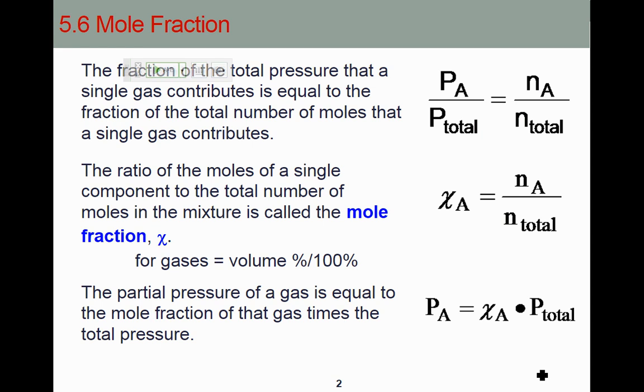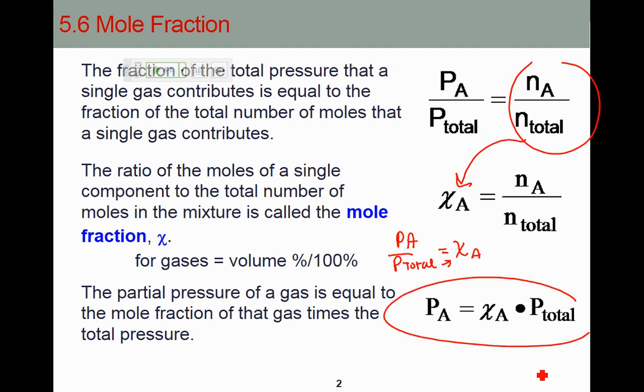So if our XA is NA over N total, if we replace this term here with XA, then we find that our pressure of A is equal to our mole fraction times P total. All that means is I took this PA over P total, this whole thing equals this. So PA over P total is equal to this XA. All I did was replace that NA over N total with XA, and then we solve for PA by multiplying both sides by P total, so we get this equation.